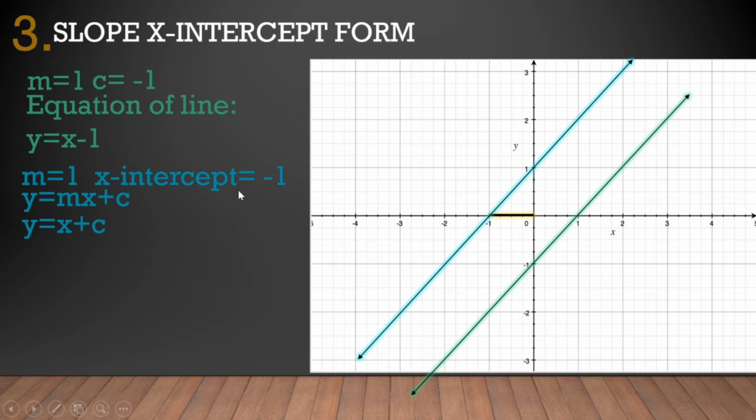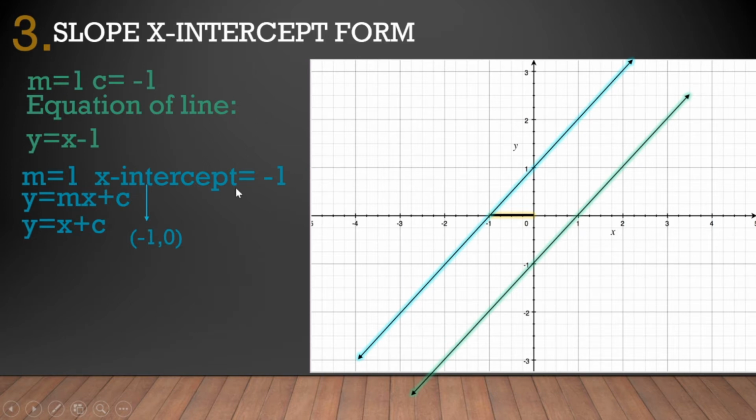But when we are given the x-intercept, that means we are actually given a point. If the line makes an x-intercept of -1, this point lies on the line. If it makes an x-intercept of -2, the line has the point (-2, 0). If the x-intercept is 3, the line passes through (3, 0).